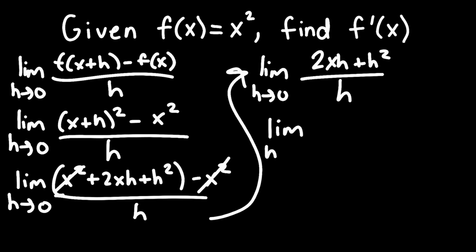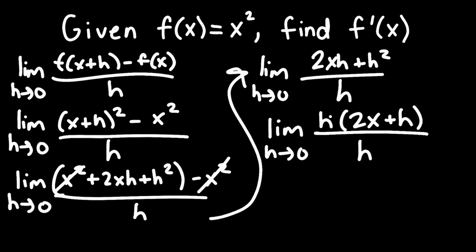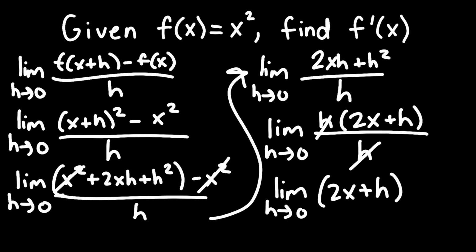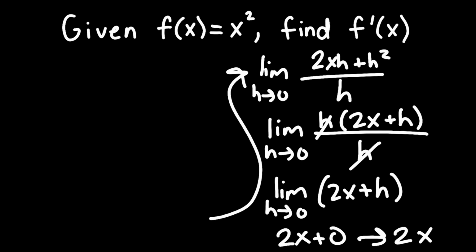Here we are actually going to pull out an h on the top, and when we do this we get h times 2x plus h all divided by h. Then canceling the top and bottom, we are left with the limit as h approaches 0 of 2x plus h. All we got to do now is use the simple plug-in method, and we get 2x plus 0, or 2x. So, erasing this just to clear some room, we get that f prime of x equals 2x.